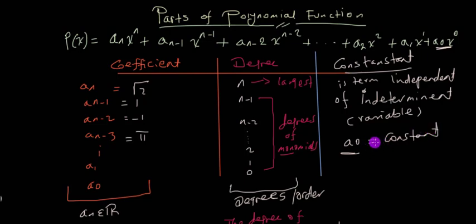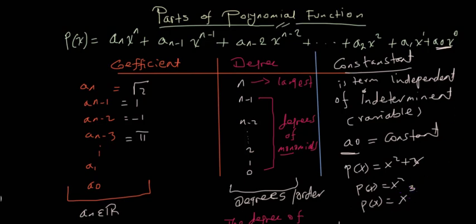A polynomial function may have no constant, as in real life phenomena or situations where a constant is not involved. For example, p of x equals x squared is a polynomial function. Look at this one, x cubed.